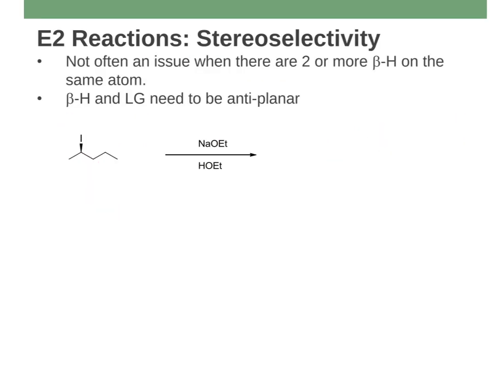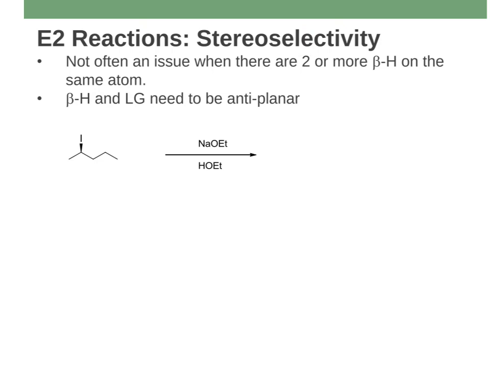So stereoselectivity. We don't have to worry about R and S configurations necessarily because we're making alkenes, but we do need to worry about E and Z or cis and trans when you make an alkene that might have that. This is not often going to be an issue because we usually will have 2 or more beta hydrogens on the same atom.